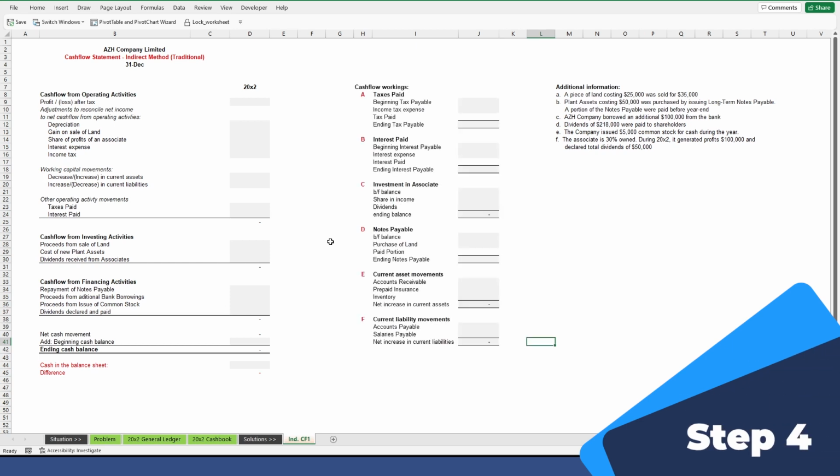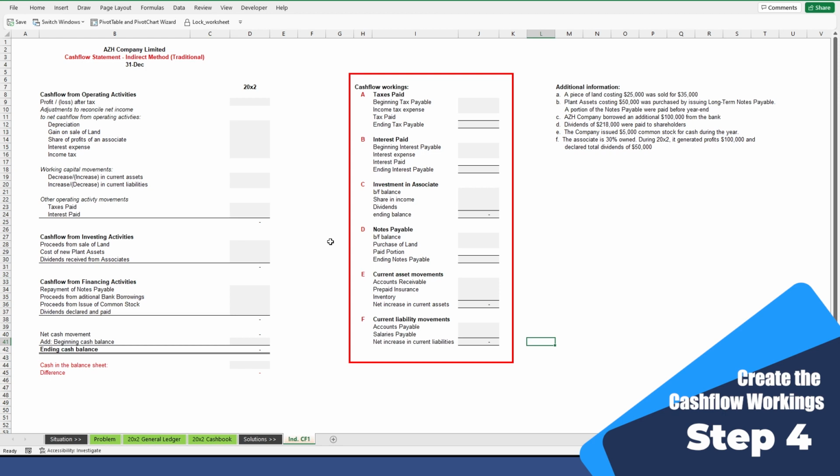In step 4, you need to determine which sections of the cash flows you will need separate workings.